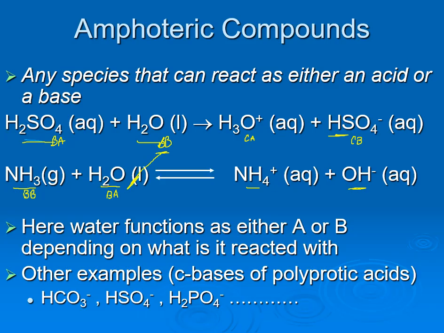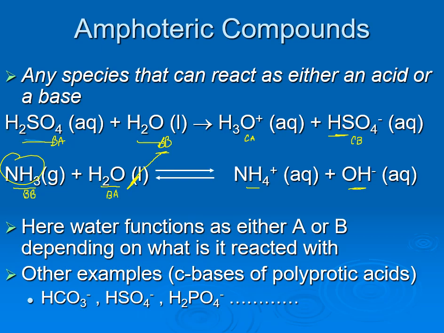This is amphoteric. This compound right here actually can do that as well. Many can. So here water functions as either an acid or a base depending on what it's reacting with. Other examples, any conjugate bases of polyprotic acids, such as from carbonic acid, if you have the hydrogen carbonate ion, because a proton was already lost, well, that can either lose or gain.